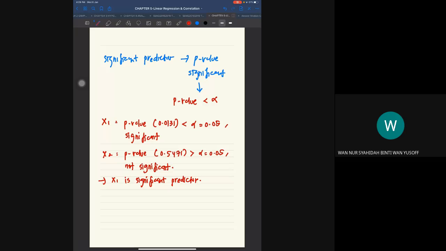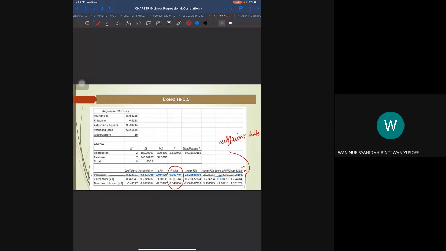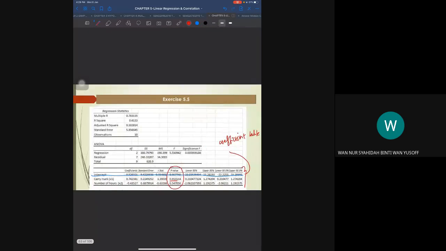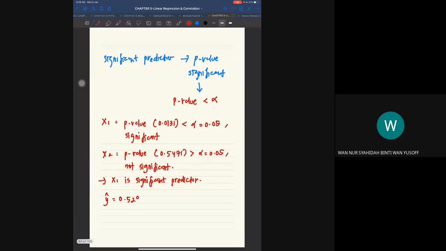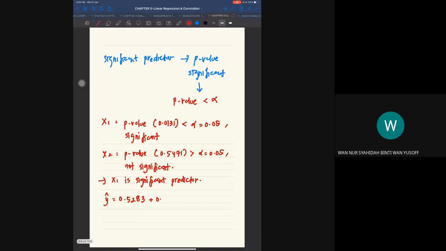So the new model that you have here is 0.52, because only x1 is significant, plus 0.7423. So we just use the model with x1 for our prediction, because only x1 is a significant predictor.